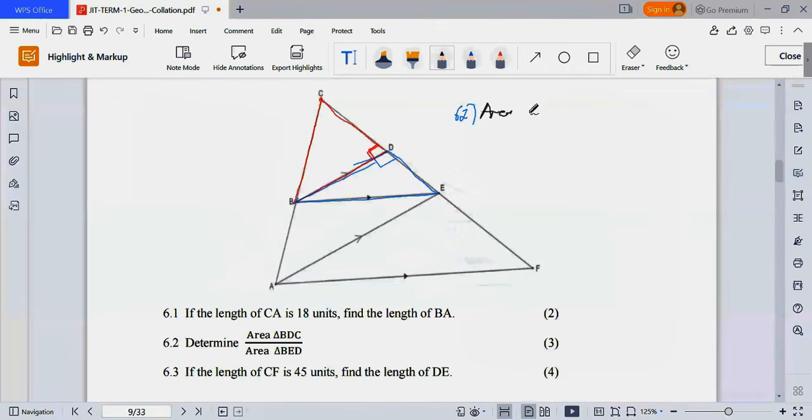So we'll say area of triangle BDC is equal to half base times height over again the area of triangle BED over half base times height. Now, looking at this triangle, what is the base of this triangle here? If we are looking at it from this side, we know that the base will be here. So this will be our base. And then also for this one, this will be our base.